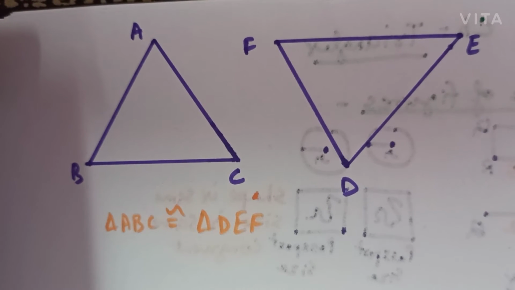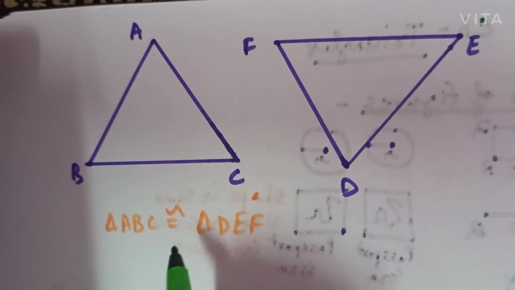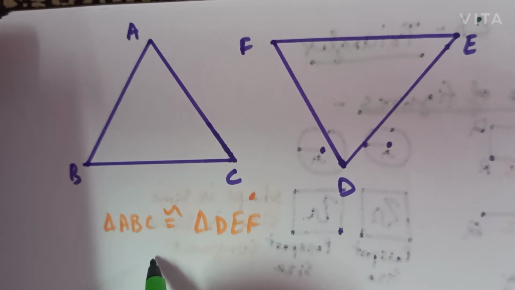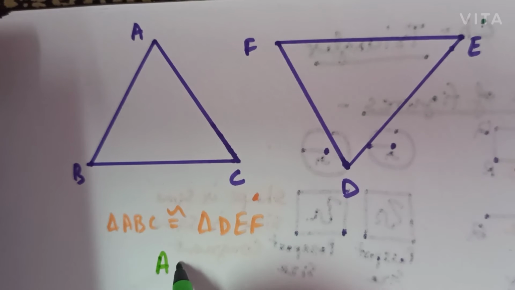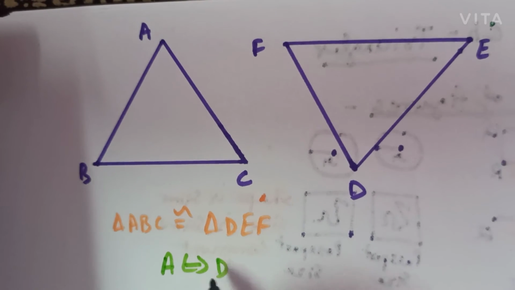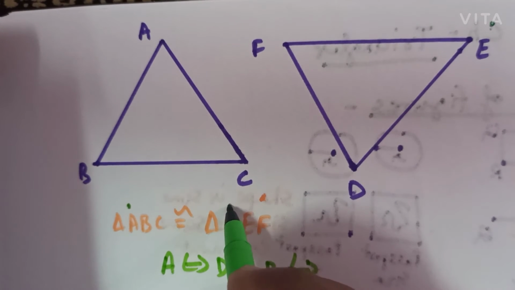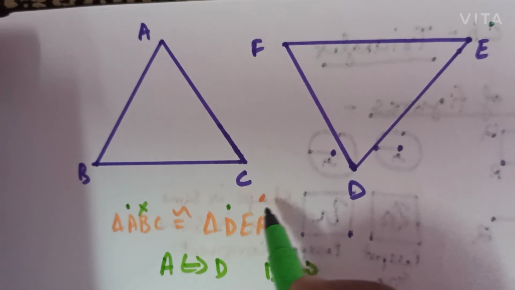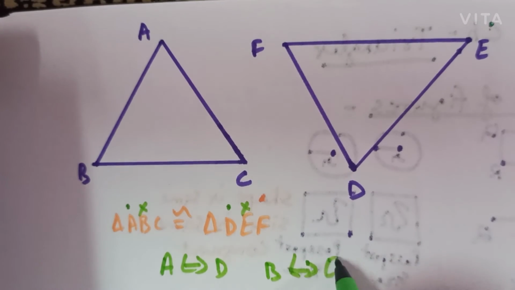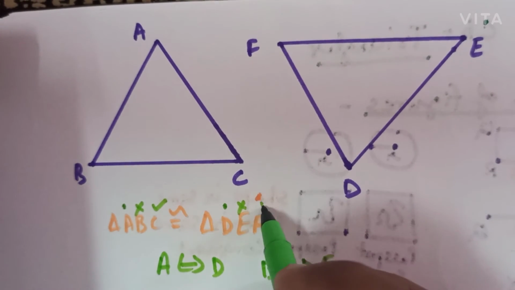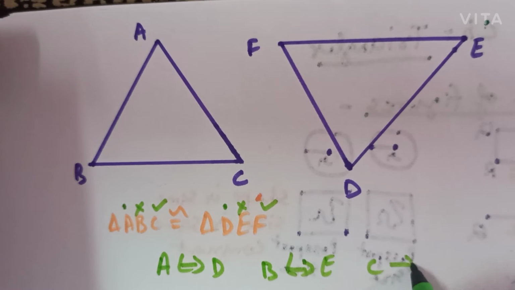Now if triangle ABC is congruent with triangle DEF, then vertex A will correspond to vertex D, vertex B will correspond to vertex E, and vertex C will correspond to vertex F. Hope this is clear.